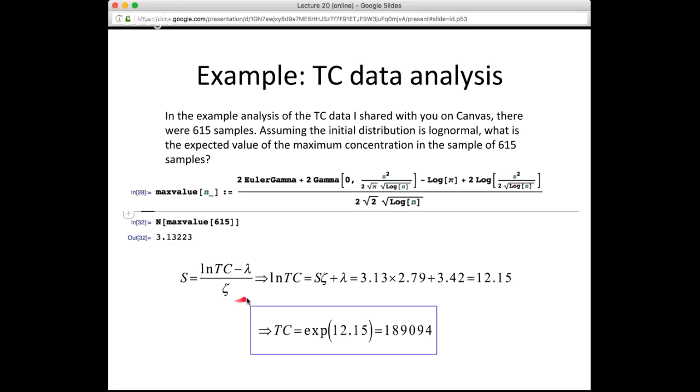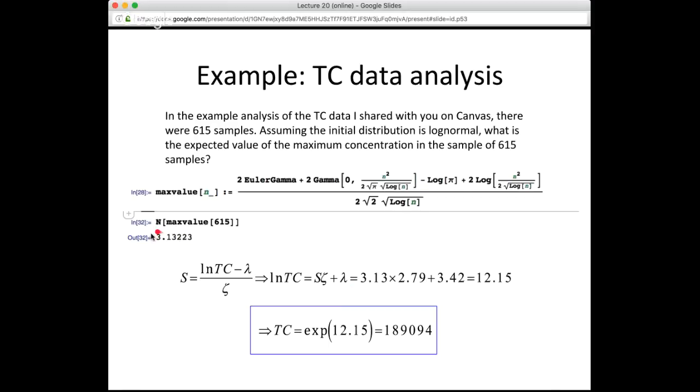And in the case of a log normal distribution, that standard normal variate is equal to the log transform of TC minus lambda over zeta. So I can solve for log TC in terms of the standard normal, zeta and lambda. And then remember, we had calculated in lecture what zeta and lambda were. So basically, zeta was 2.79 and lambda was 3.42.